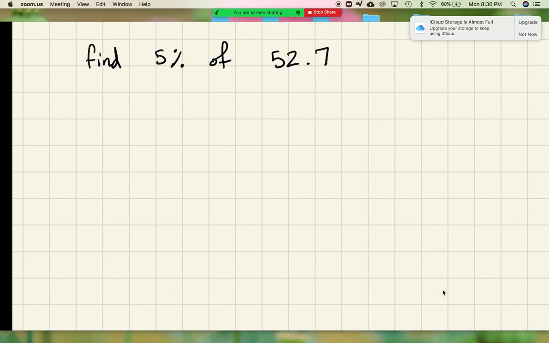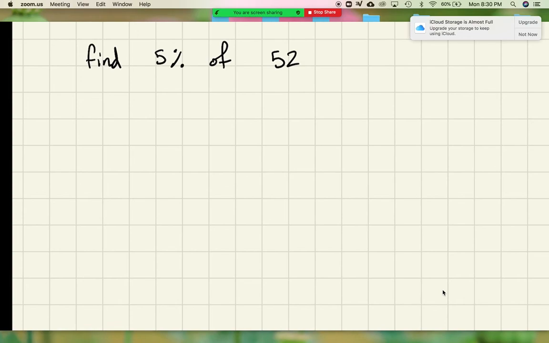You don't want the whole 52.7. Say there's a bucket and it can only hold 52 apples, but you only want to fill up 5% of the bucket. That's the same thing as saying, how many apples is 5% of this bucket?